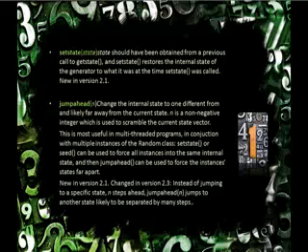This is most useful in multi-threaded programs in conjunction with multiple instances of the Random class. setstate() or seed() can be used to force all instances into the same internal state, and then jumpahead() can be used to force the instances' states far apart. Instead of jumping to a specific state n steps ahead, jumpahead(n) jumps to another state likely to be separated by many steps.